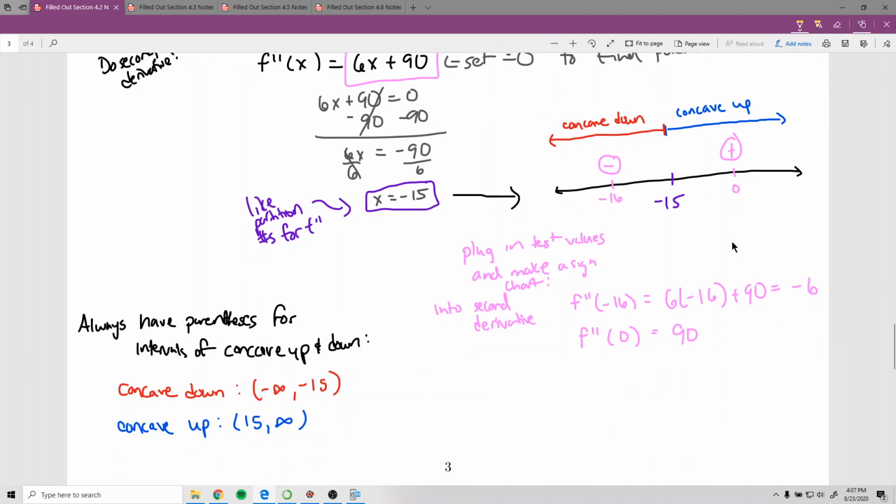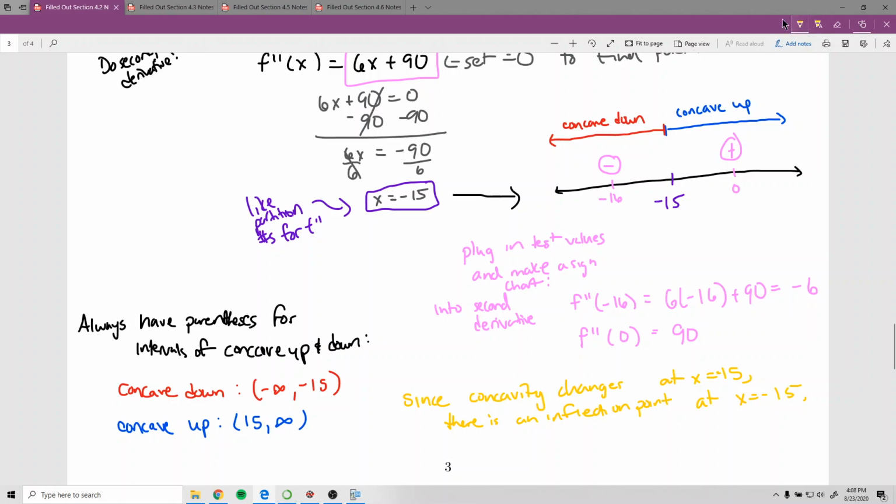It switches from negative to positive. So since concavity changes at x equals negative 15, there is an inflection point at that point.